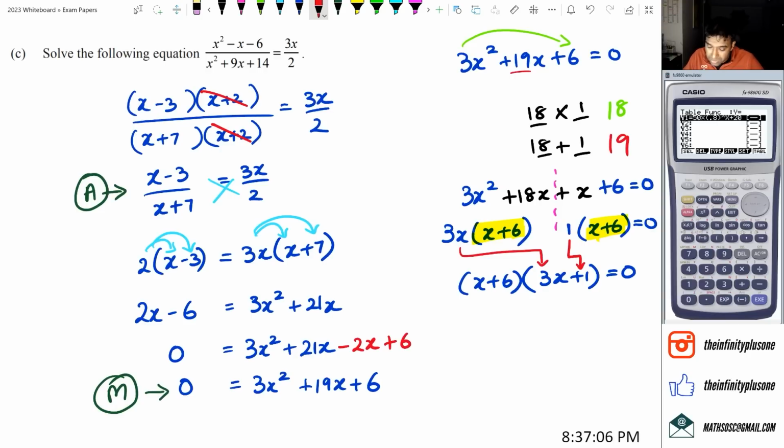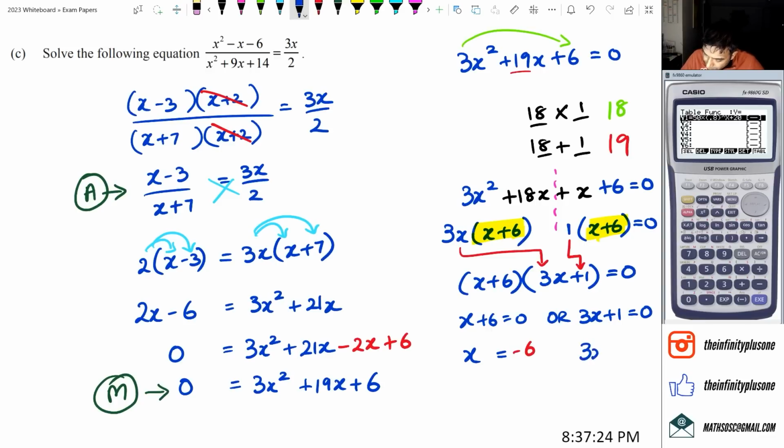Now I need to solve this, guys. So I put x plus 6 equals 0, or 3x plus 1 equals 0. When x plus 6 equals 0, that's straightforward: x equals minus 6.